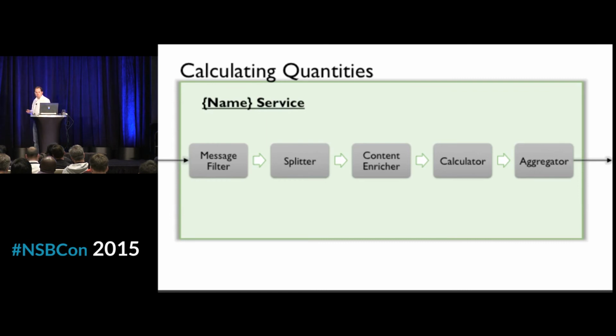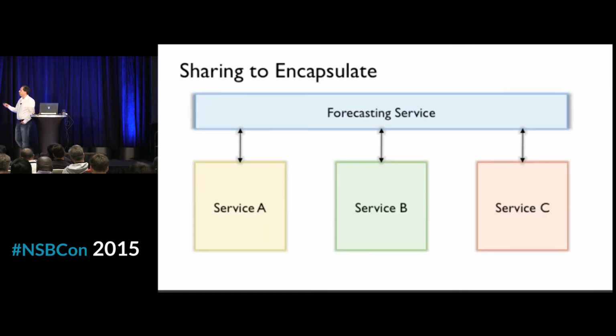What we've seen so far is multiple services communicating and collaborating during the forecasting process, but there might be other activities going on throughout the system over time that might influence what some of the services do during the forecasting process. So what we'd like to be able to do is share this information so we can better encapsulate all the logic to reside in one single service.